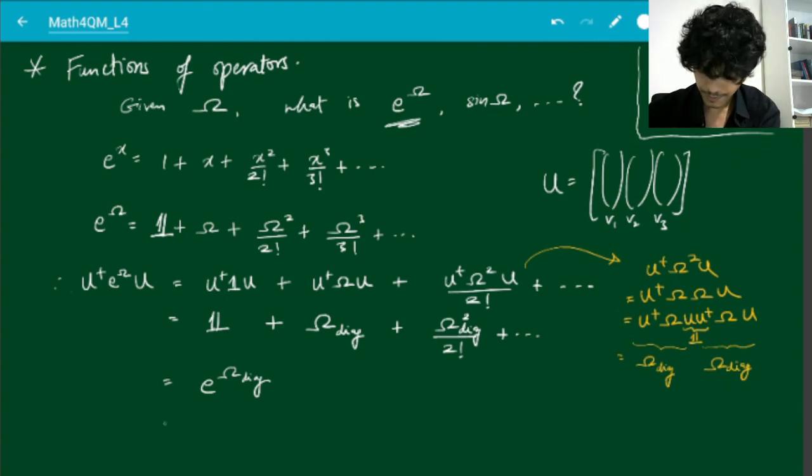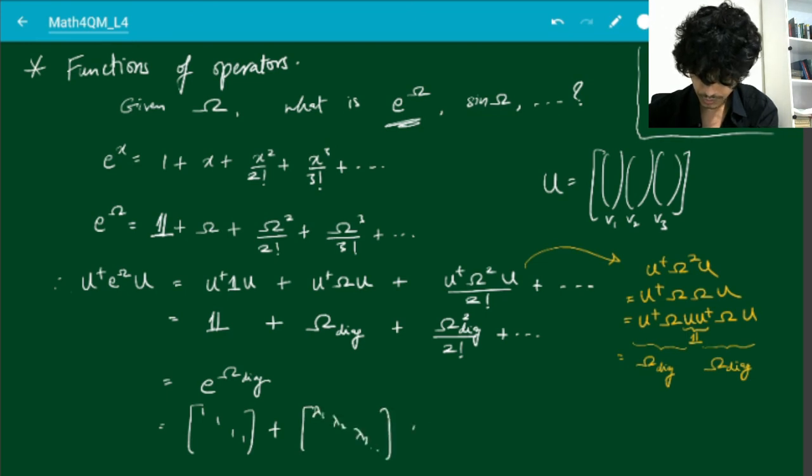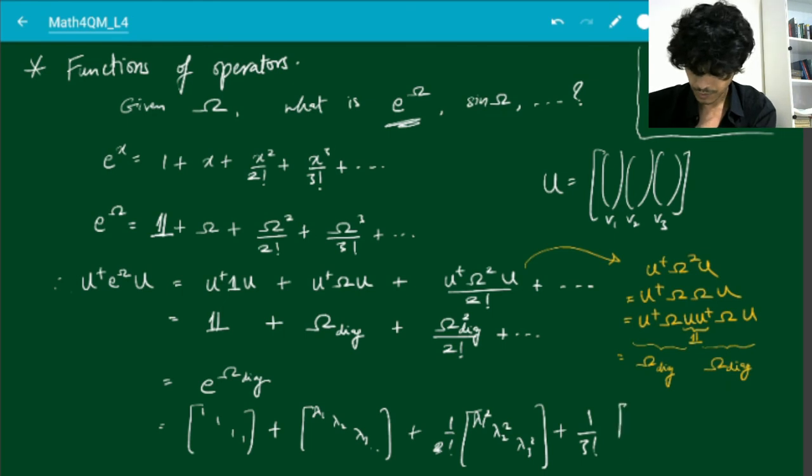Why do I say that? Because this is just 1 plus lambda 1, lambda 2, lambda 3 and so on. This is 1 over 2 factorial, lambda 1 square, lambda 2 square, lambda 3 square and so on. 1 over 3 factorial, lambda 1 cube, lambda 2 cube, lambda 3 cube and so on.